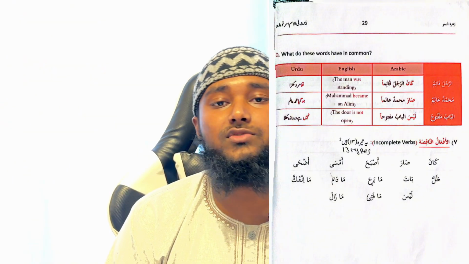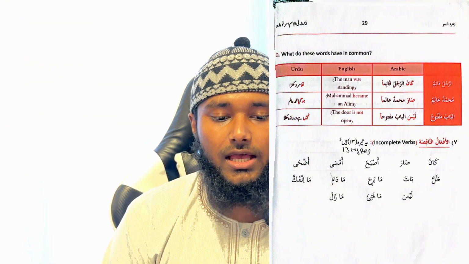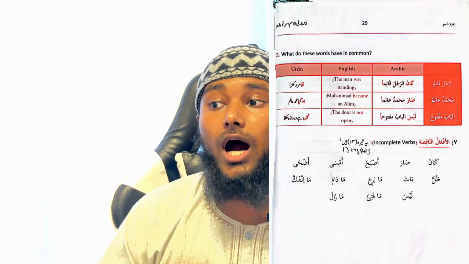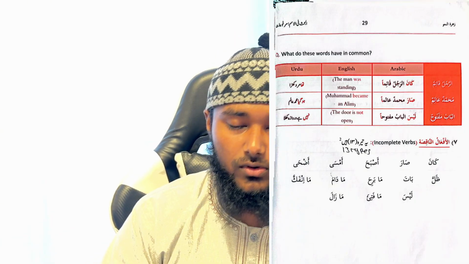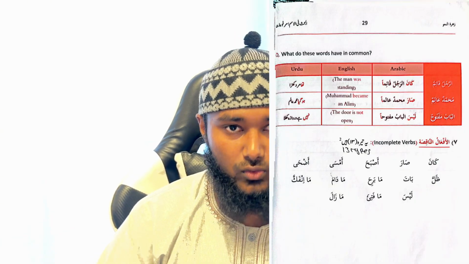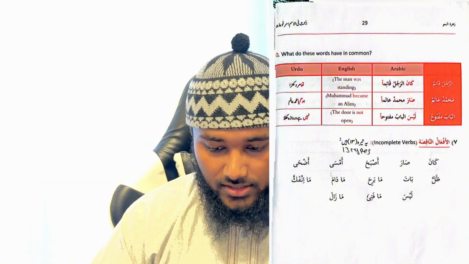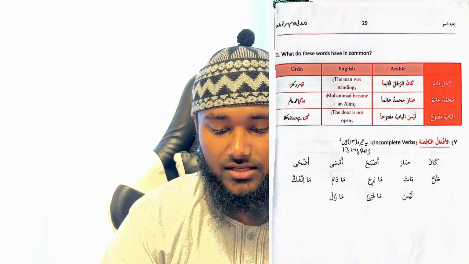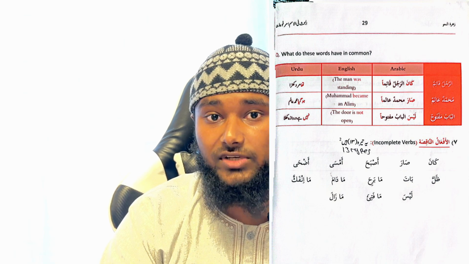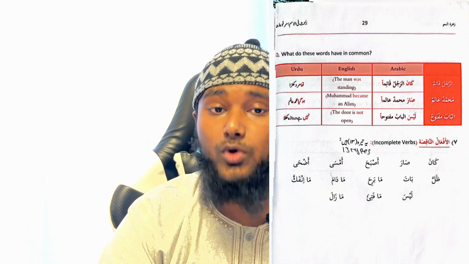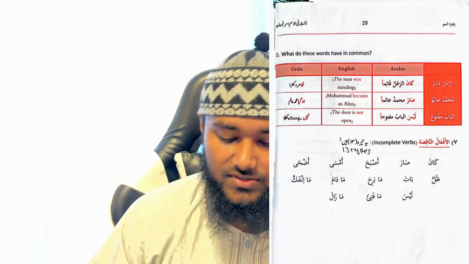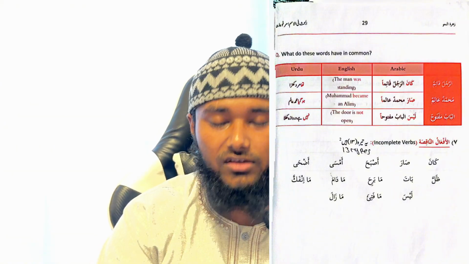So the author brings 3 examples. And later, in the other books of Nahw, we're going to go through the meaning of all these different huruf. But for now, your only task is to not worry about the meaning, because the author here has done something really amazing, and he's brought the 3 most famous words that are commonly used. So he brought kana, sara, and laysa.